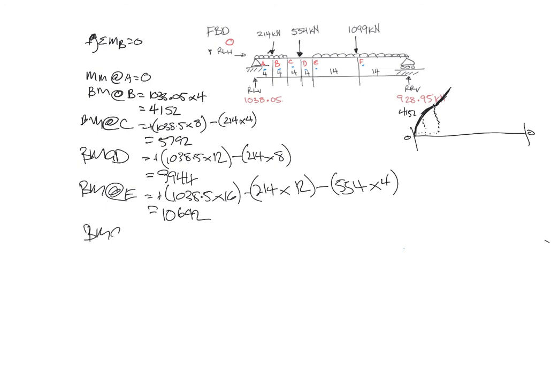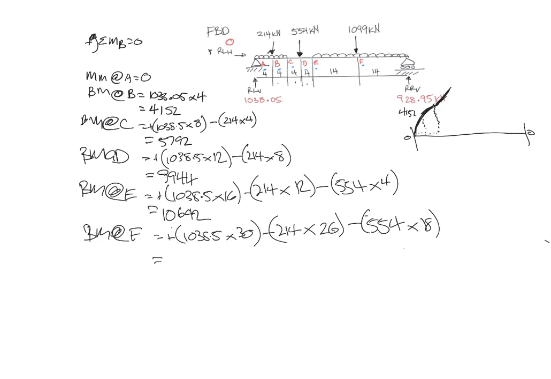Bending moment at F equals plus 1038.5 by 16, and 14 by 30, minus 214 by 4, 8, 12, 26, minus bracket 554 by 18, which comes back to 13004.